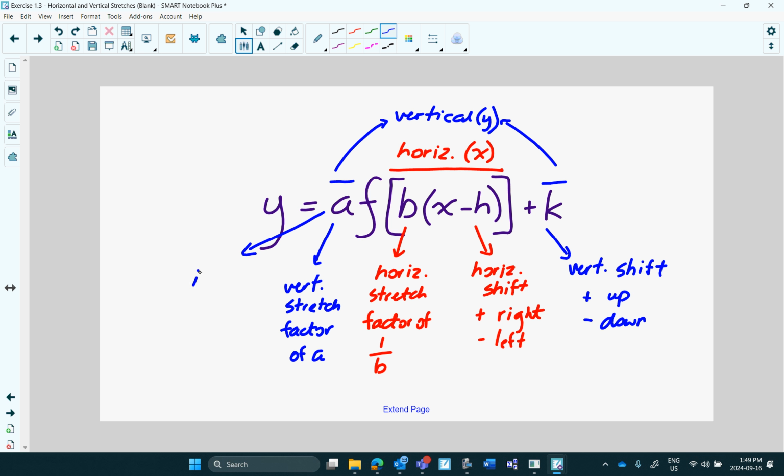So if negative, it's a vertical flip. If it's inside the function, it's horizontal, affecting the axis. So if negative, horizontal flip.